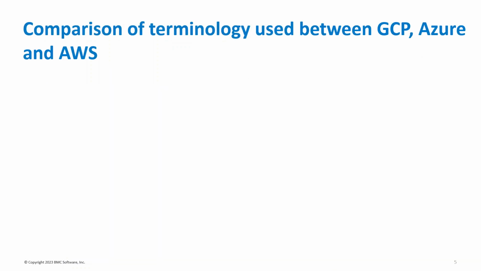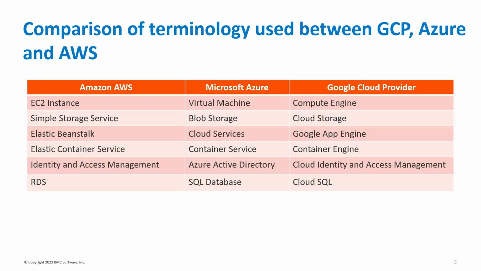Let's now compare the different terminologies or the technical jargons used between Microsoft Azure, AWS, and GCP. We are showing this only for comparing different cloud services from some of the major cloud providers so that you will have a fair understanding of why BMC Discovery models all cloud providers' data in the same way.